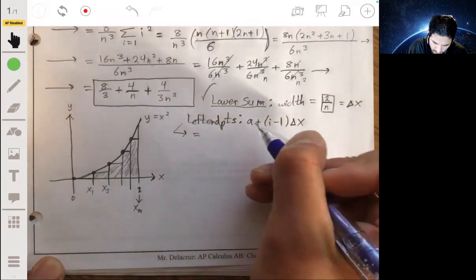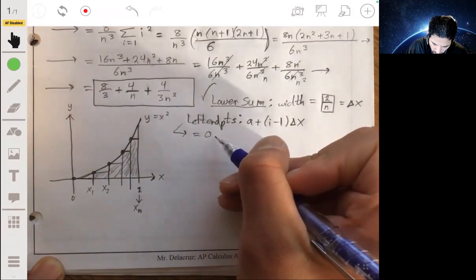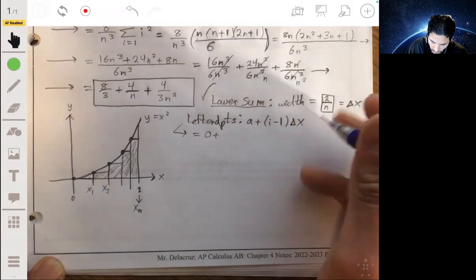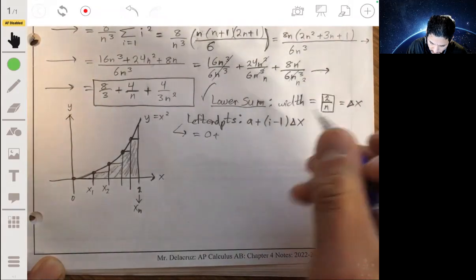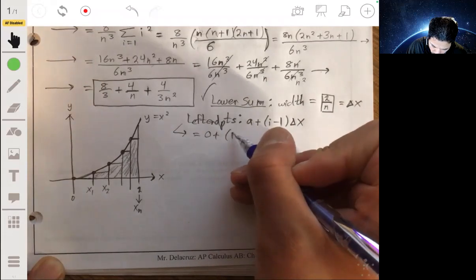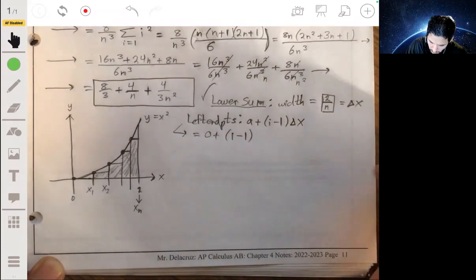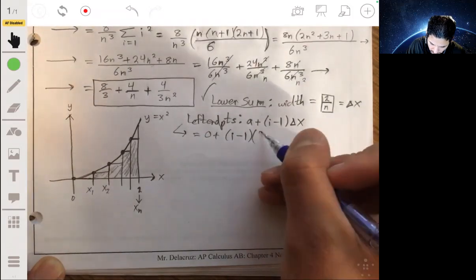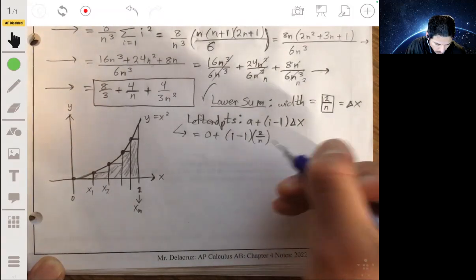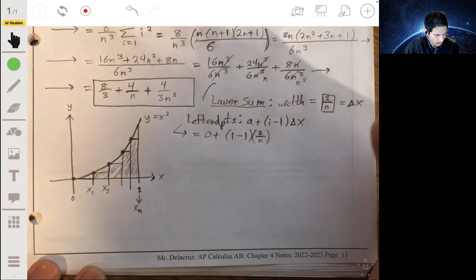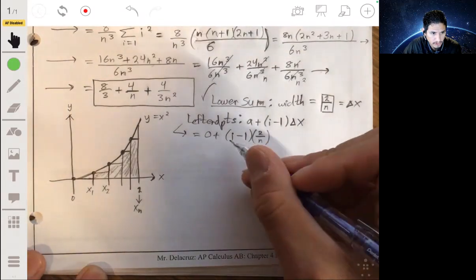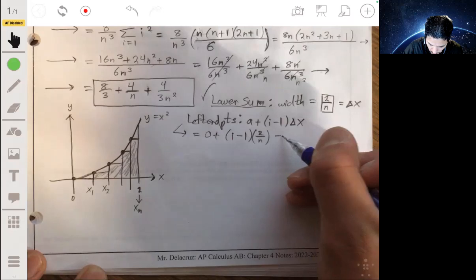In this case, a is 0, so it'll just be 0 plus i minus 1 times delta x. Delta x is 2 over n, so this times 2 over n. Those will be 2i minus 2 over n.